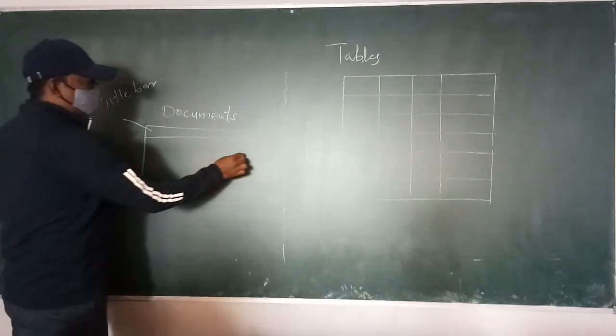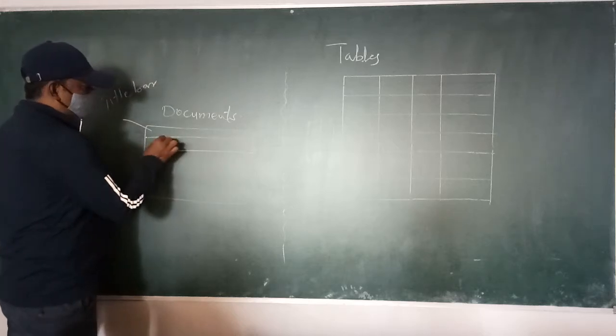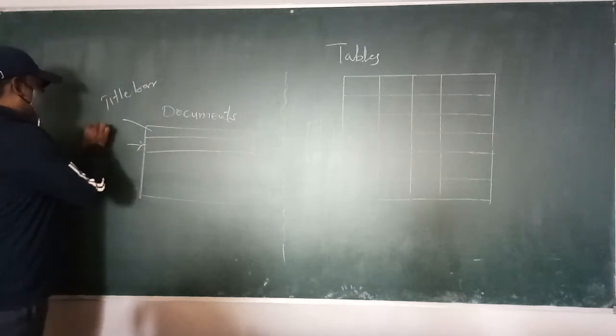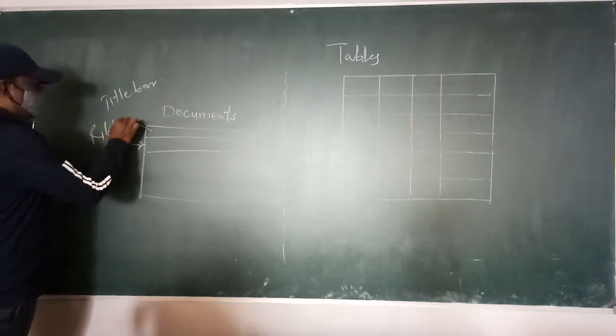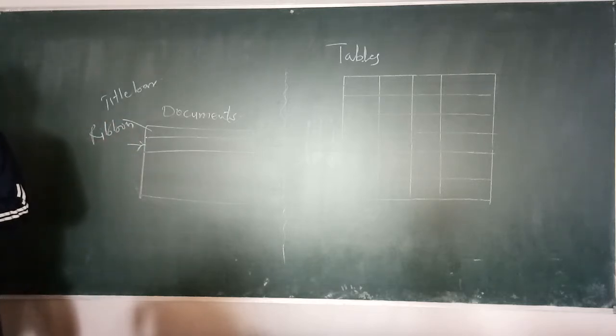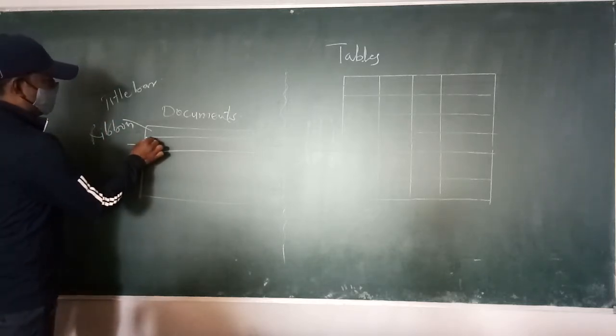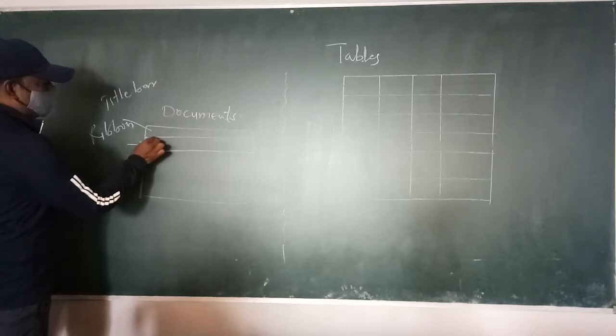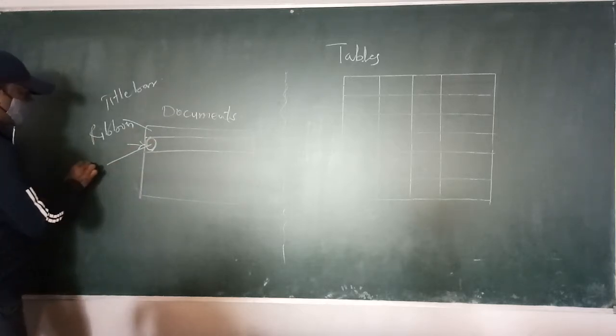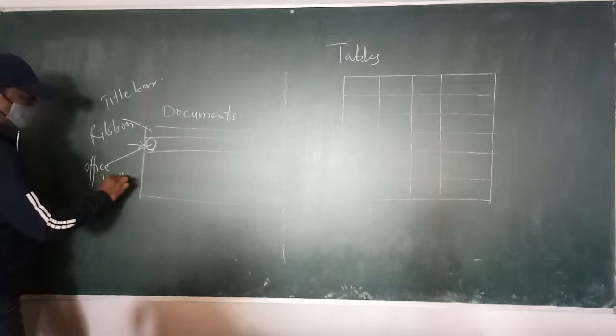Below the title bar, you can see this part is called the ribbon. On the left side, one button is there. This button is called the Office button.